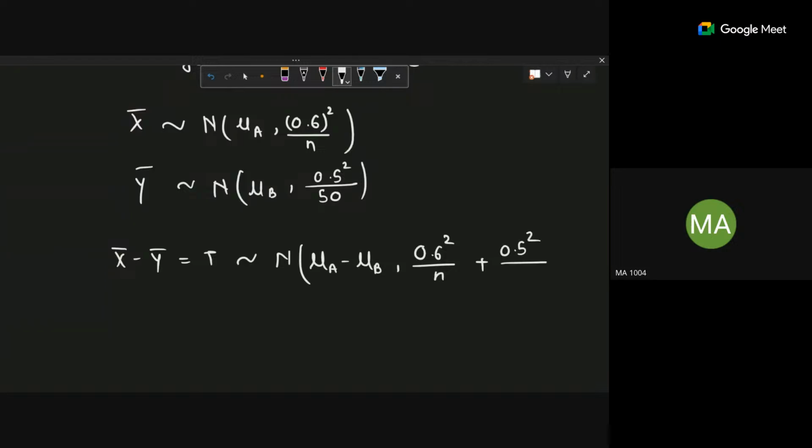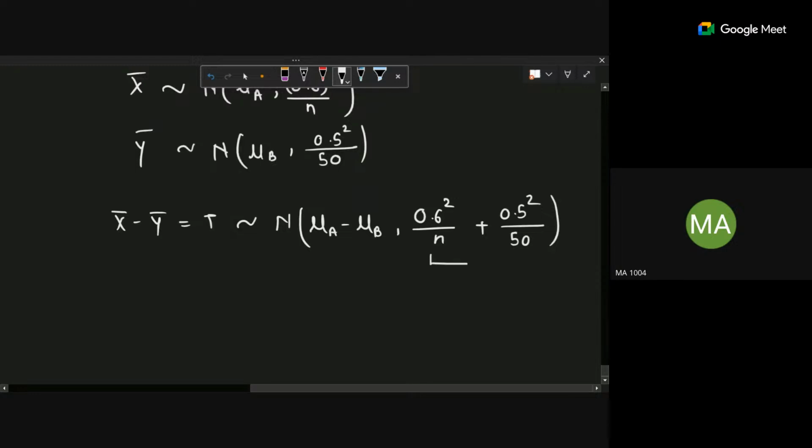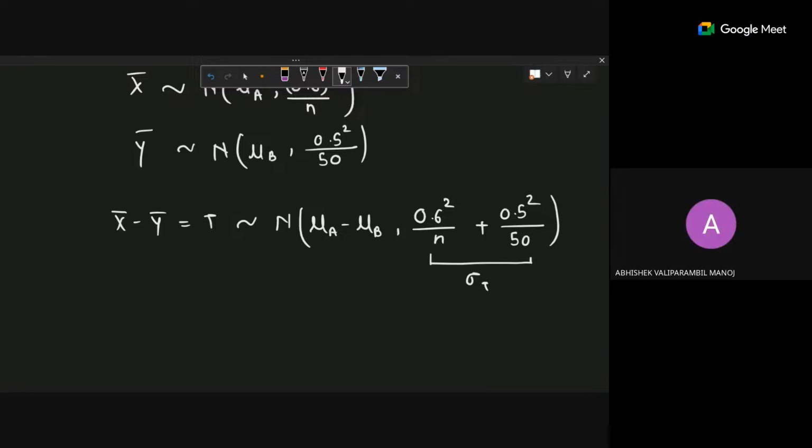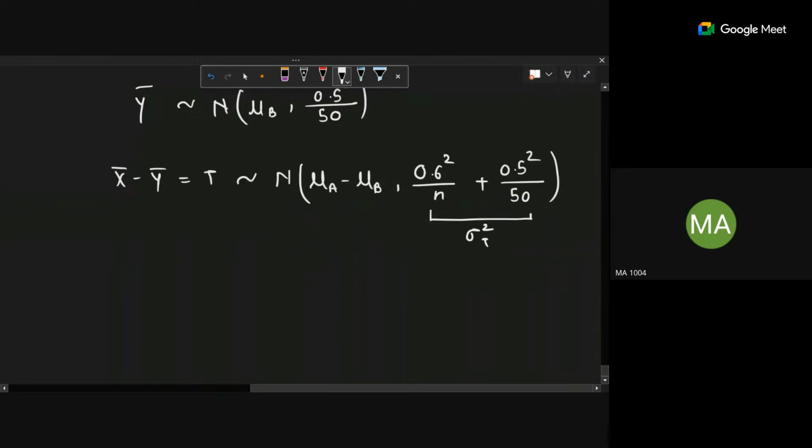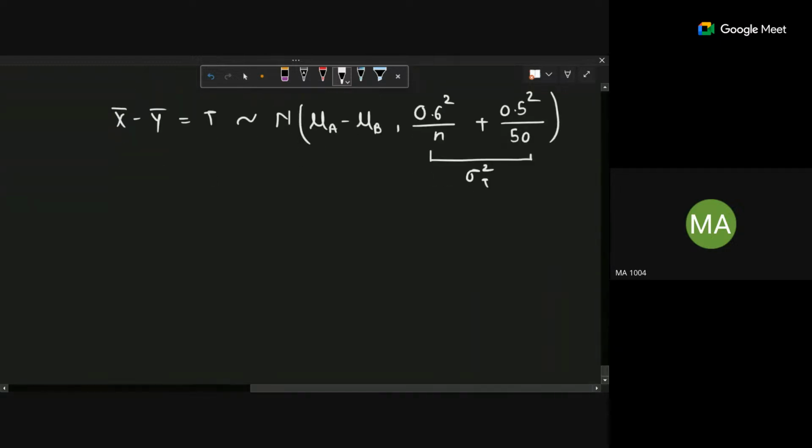I'm just denoting it as sigma square T. Okay. So now we have the distribution of T. Then let's calculate the P value. We know that the P value is 0.01.